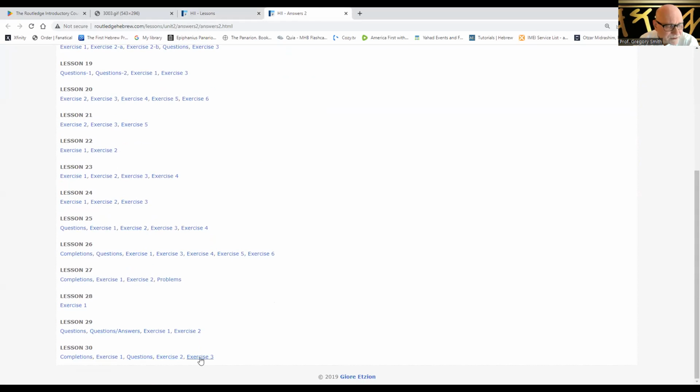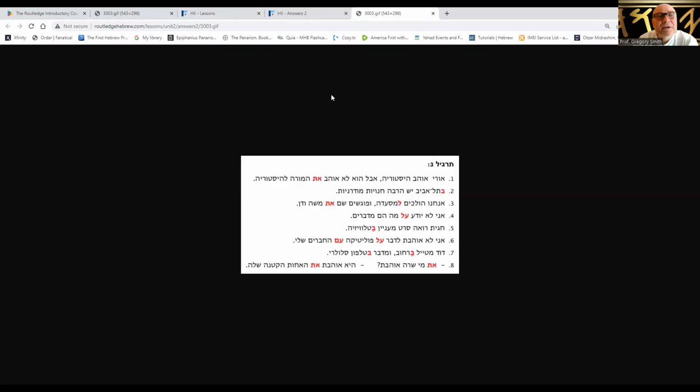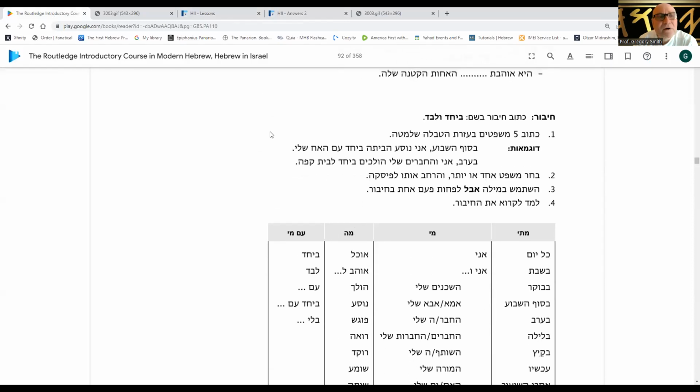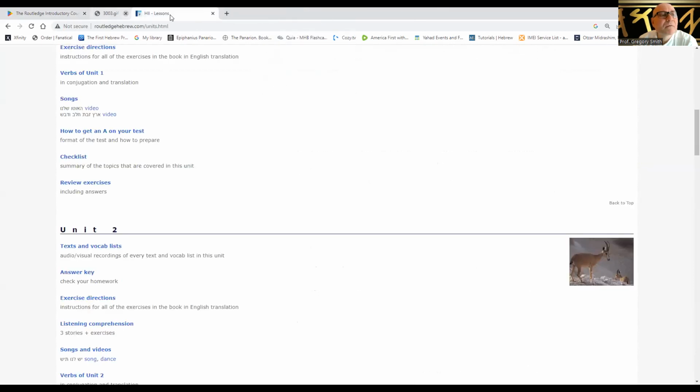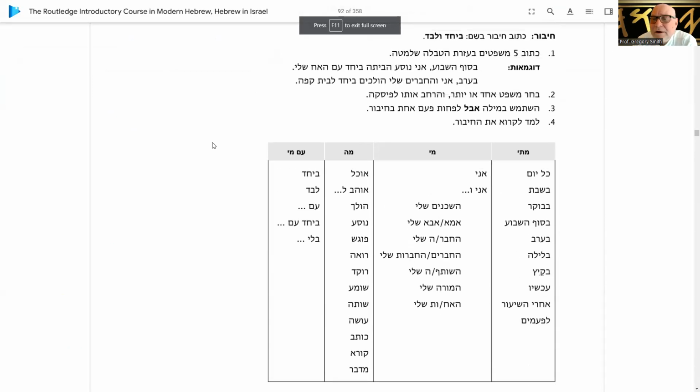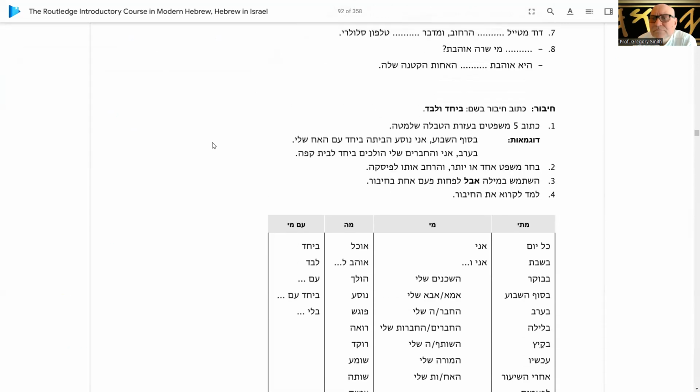Yeah, exercise 3. We did Targil 3. So I have no answer key on this. All right, let's take a look at this. Katuv, mishpatim, write 5 sentences. חמש.